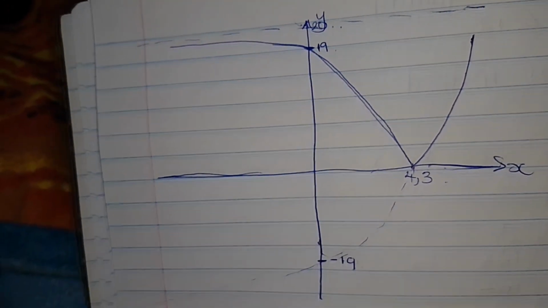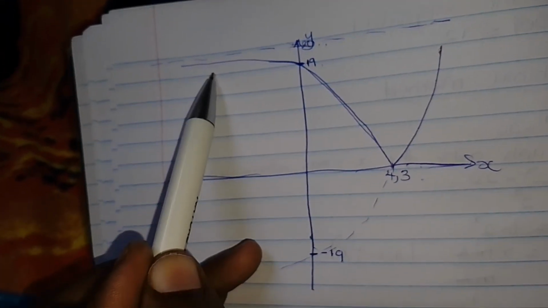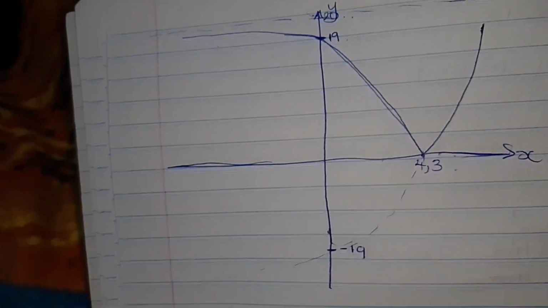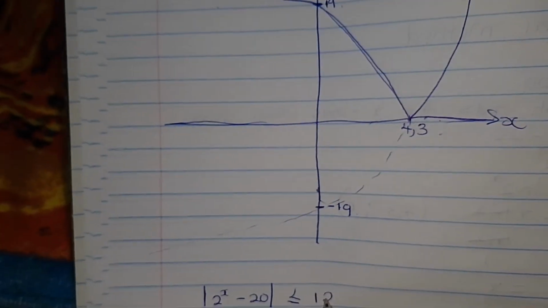So our graph is going to be reflected onto the positive part. But remember, we want to solve the inequality: modulus of 2 to the power x minus 20 is less than or equal to 12.